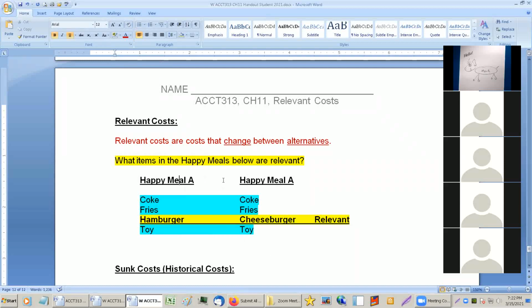It doesn't matter whether you get A or B, you're going to get a Coke. Coke, fries, toy, those are not relevant.